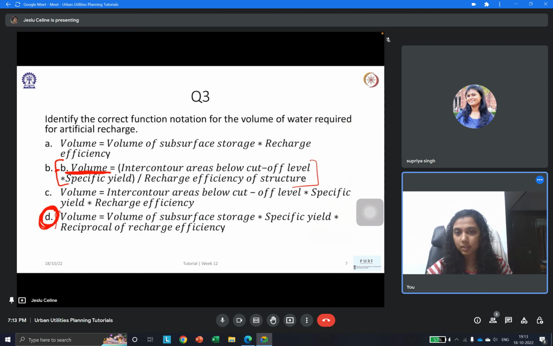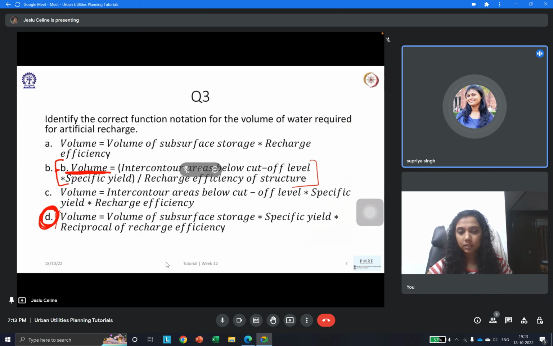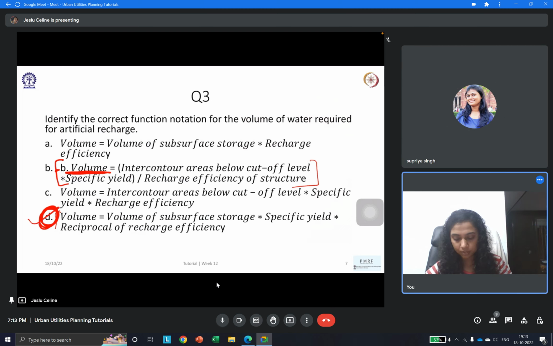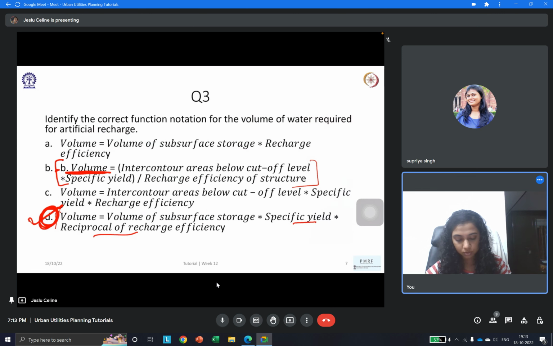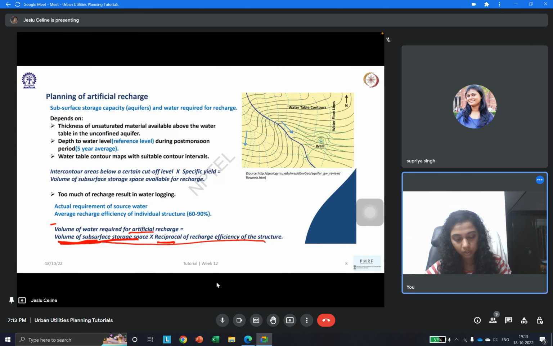So I'll just go with the bottom one. The volume will be specific yield and reciprocal of recharge efficiency. That is the correct one, is what I thought. Volume of subsurface storage into specific yield into reciprocal of recharge. So that is what is supposed to be, volume of specific yield into specific yield is also there. Subsurface storage, yes.